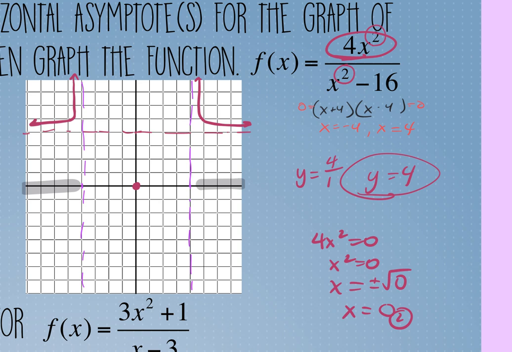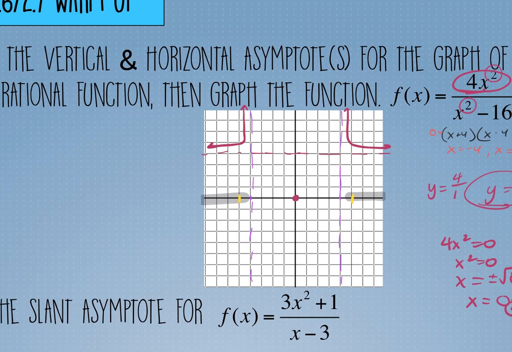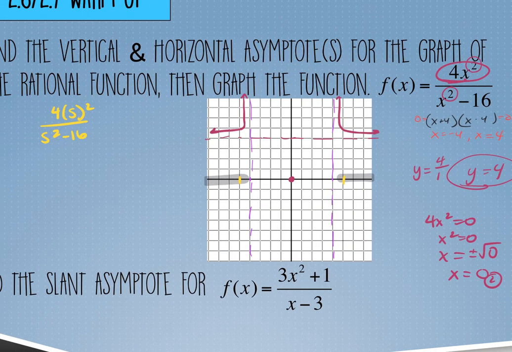But if I had extra time or I was uncertain about either of those things, then I would certainly plug in a point. So I would take a point to the right of positive 4 or left of negative 4 and plug it in. So let's just say I was plugging in 5. I'd get 4 times 5 squared over 5 squared minus 16, which is 4 times 25 or 100 over 25 minus 16 or 9.